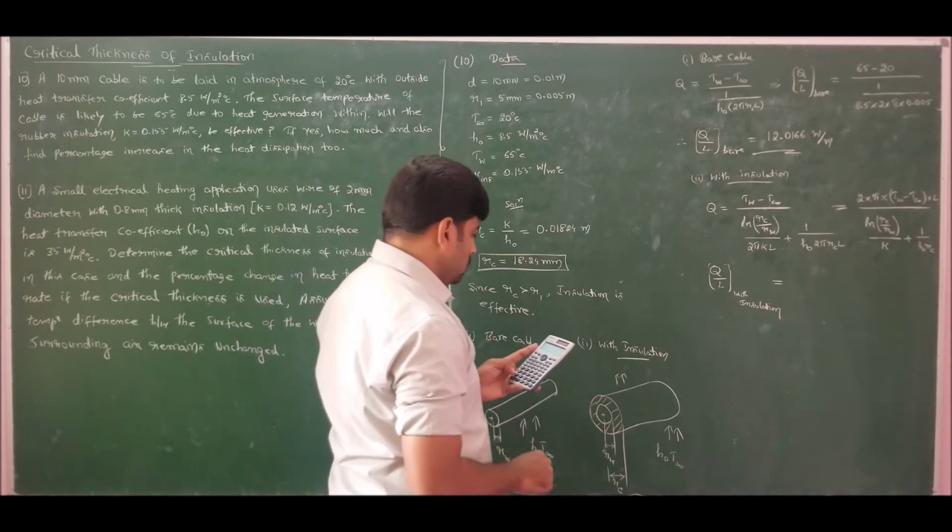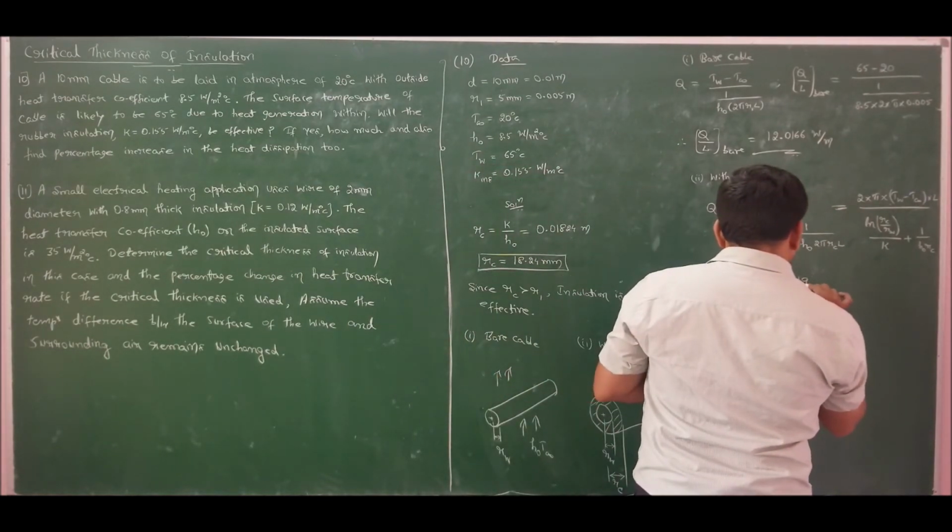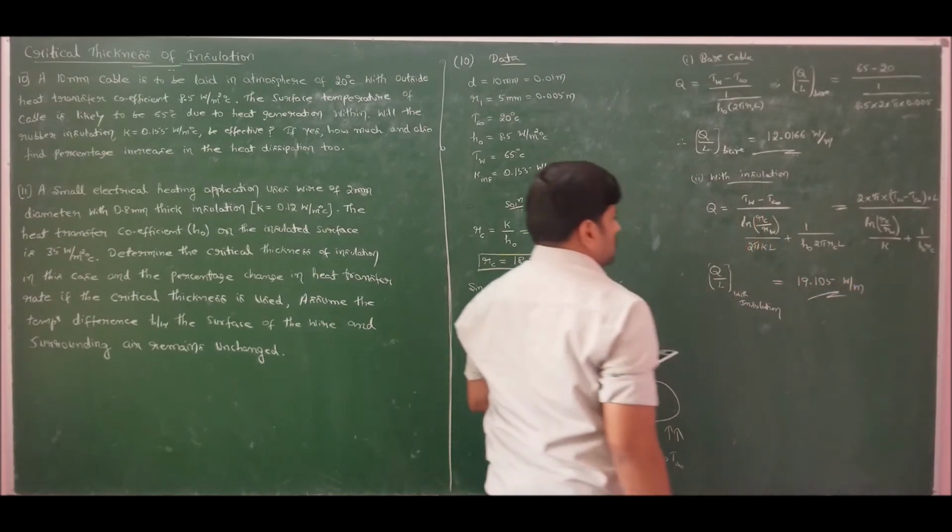If I solve, the heat loss due to insulation is 19.105 watt per meter length of wire.